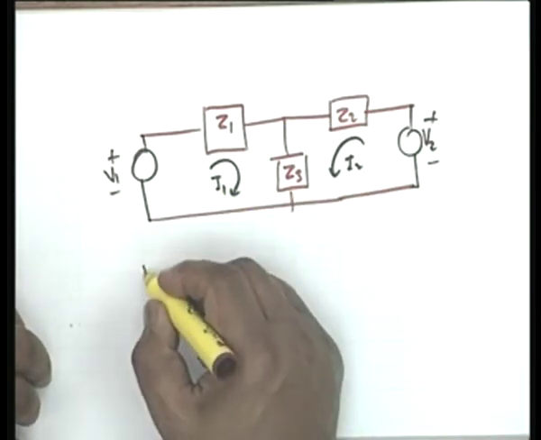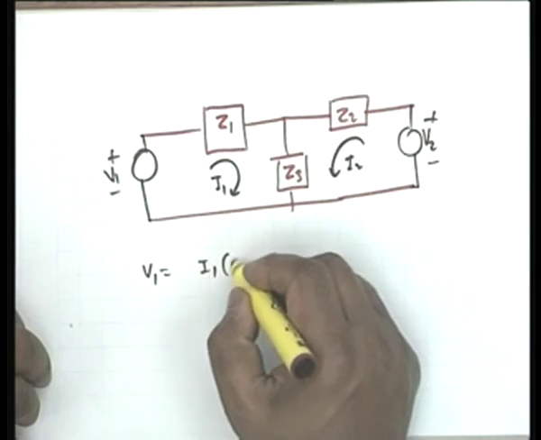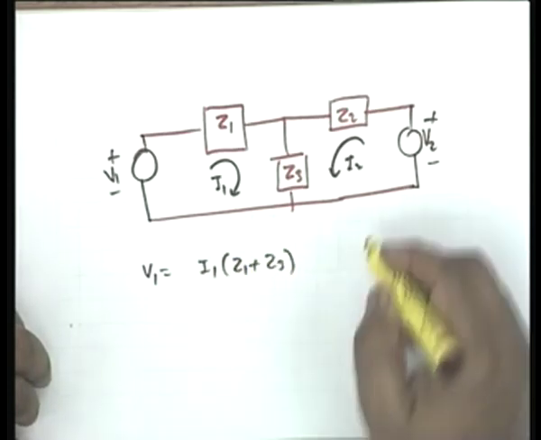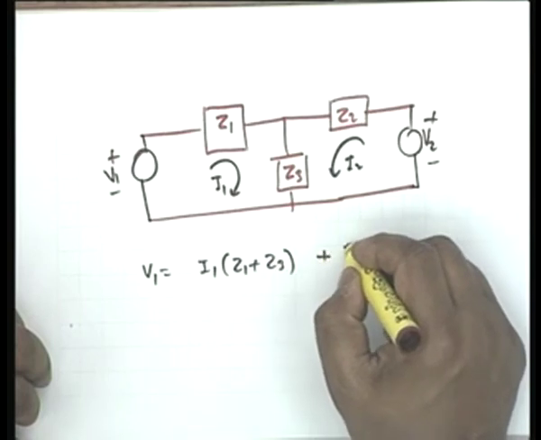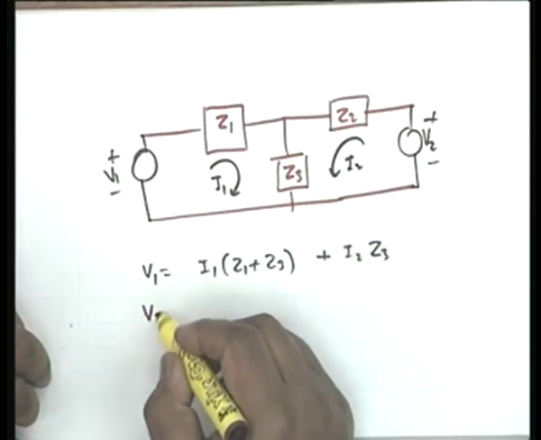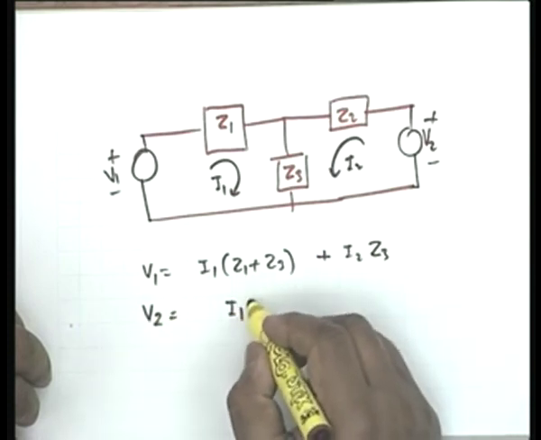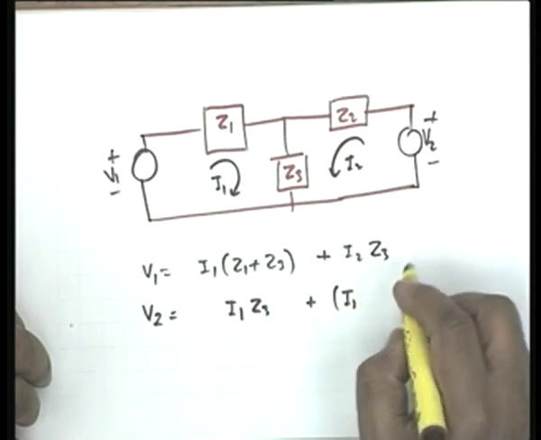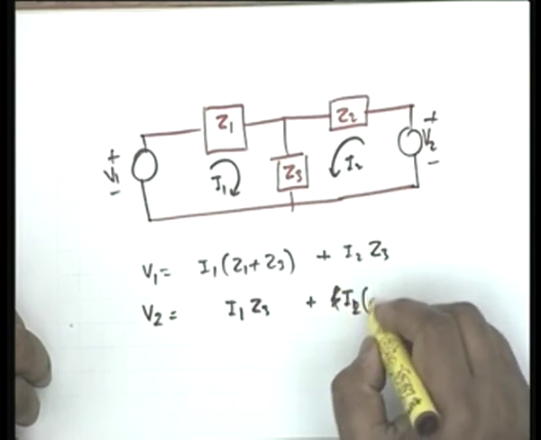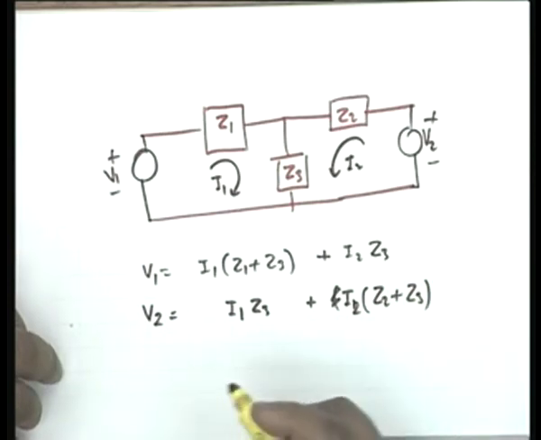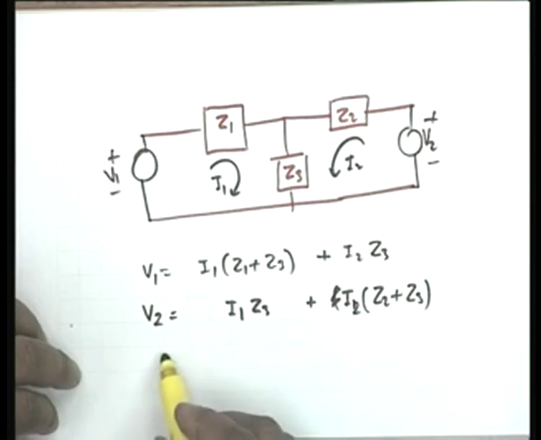Let us do it. V1 equal to I1 times Z1 plus Z3, the self impedance, plus I2 Z3, the mutual impedance, V2 equals I1 Z3 plus I2 times Z2 plus Z3. So, from which I have to solve for I1 and I2.